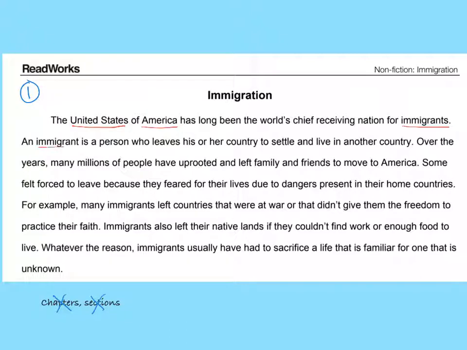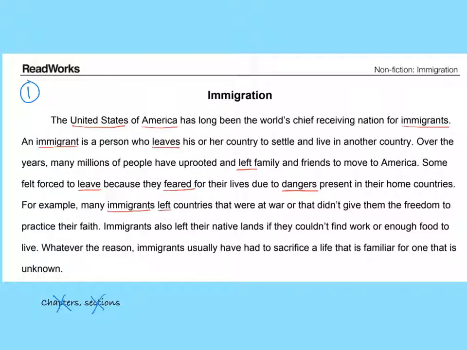And so as I'm going through again, I notice that I am reading immigrants again. Check this out. We have leaves or left coming up more than once. Here it is again. Leave. Feared is also an idea that I know comes up. We have dangers. Fear and danger are definitely related ideas.